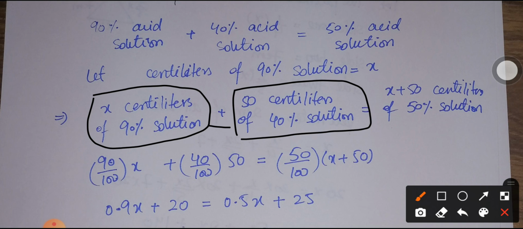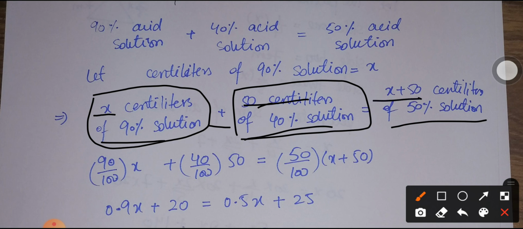If I add x centiliters of one solution and 50 centiliters of the second solution, at the end I will get x plus 50 centiliters of the resultant solution, which is in concentration of 50%. So x centiliters of 90% solution are added to the 50 centiliters of 40% solution, and I will get x plus 50 centiliters of 50% solution.